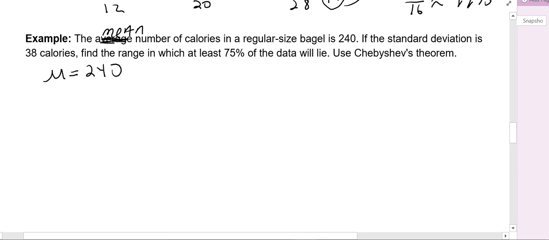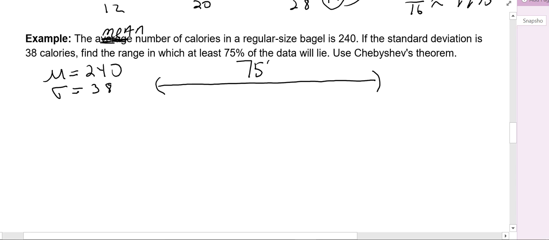The mean number of calories in a regular sized bagel is 240. If the standard deviation is 38 calories, I want to find the range in which at least 75% of my data is in this interval. I want an interval that has 75% of my data.